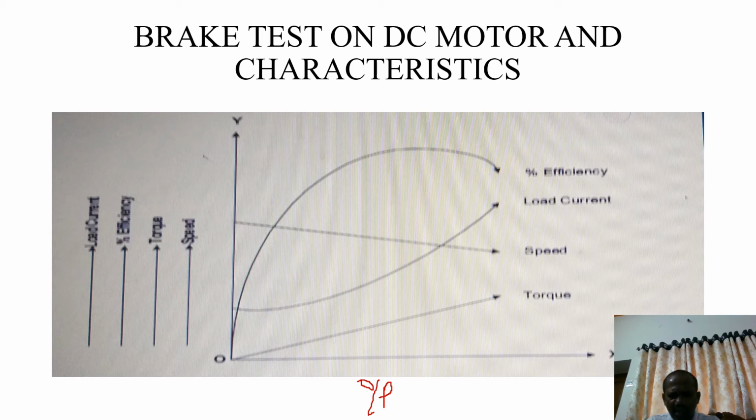This is the torque line, torque versus output power. You can draw the characteristics, which are directly proportional. The graph will start from here. As output power changes, torque also changes.